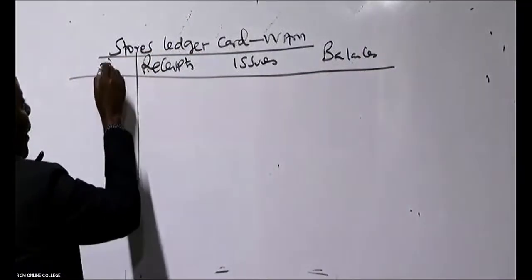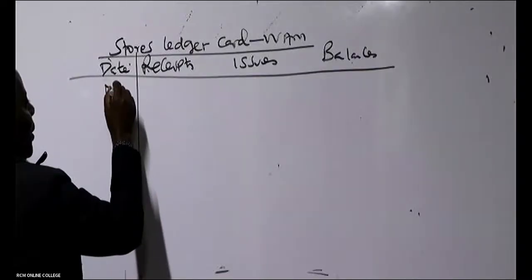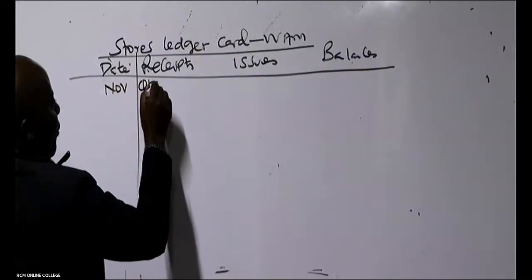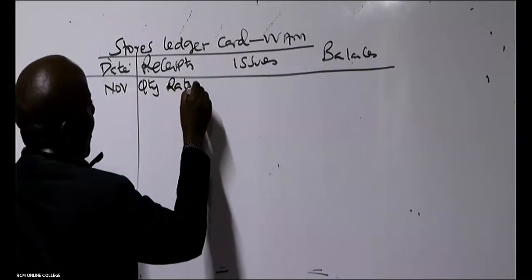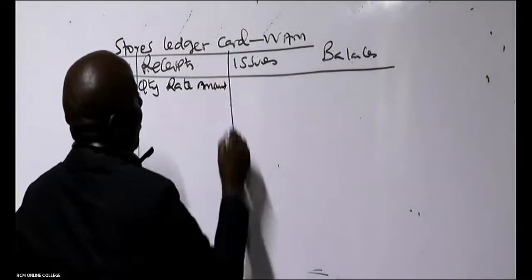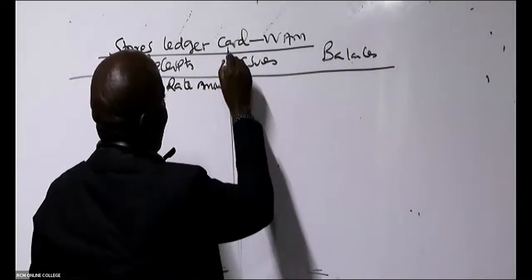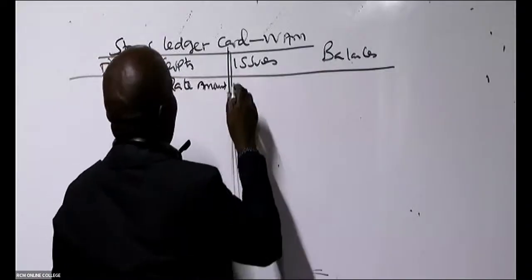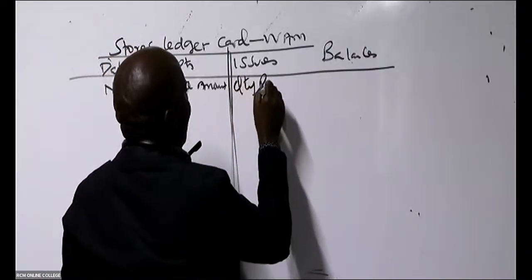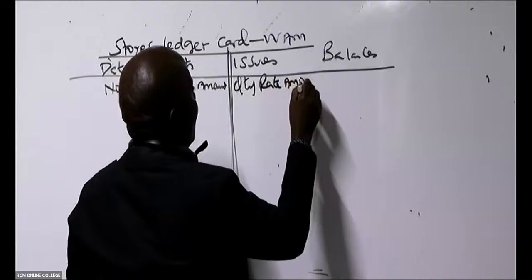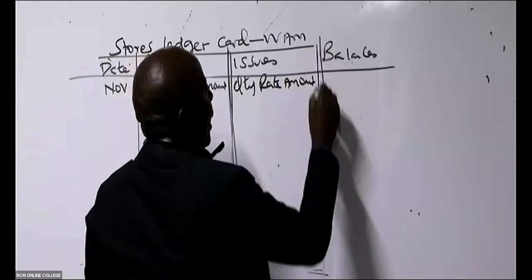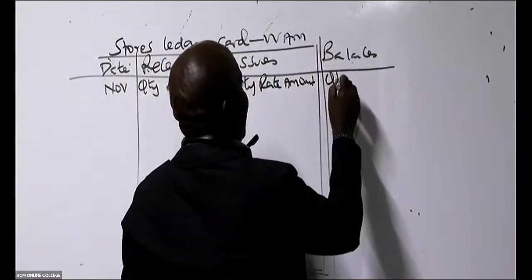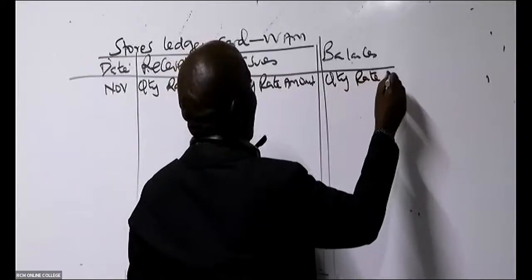And of course, we have date. So this is November. Here we have quantity, rate, amount, double underline for the amount. Then quantity, rate, amount again for the next section.